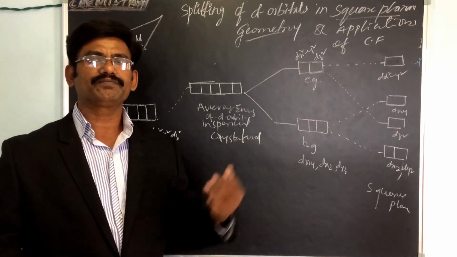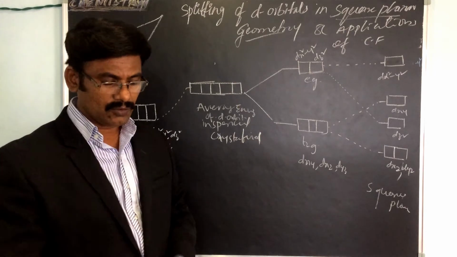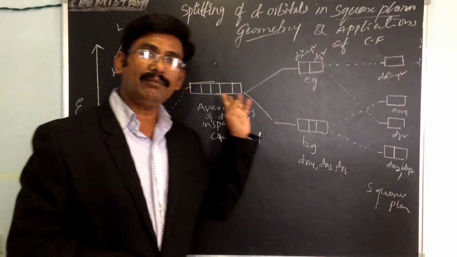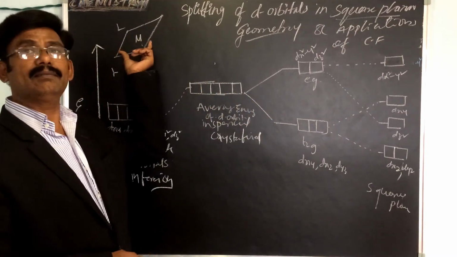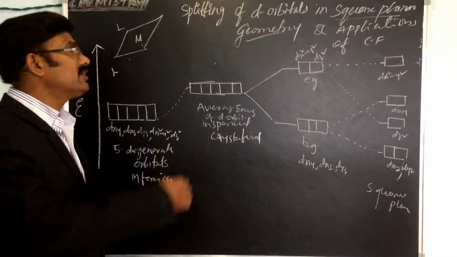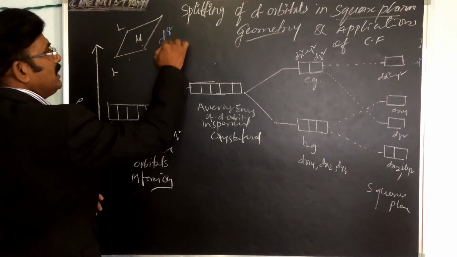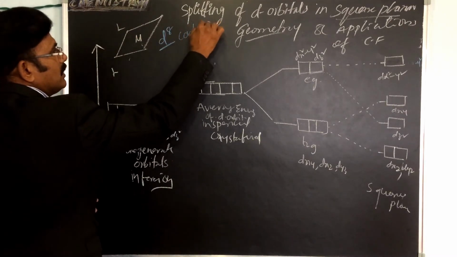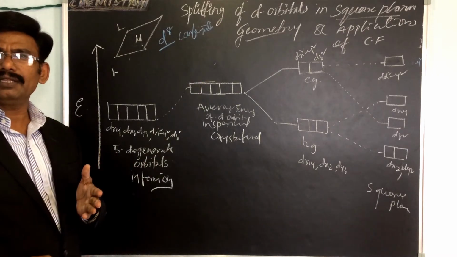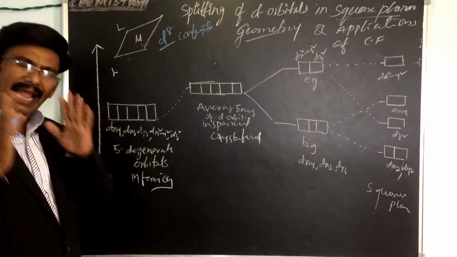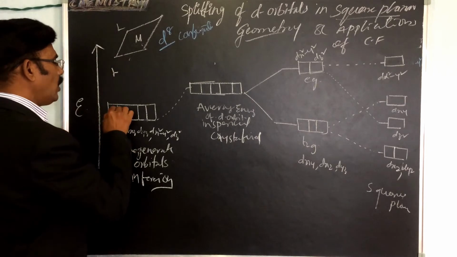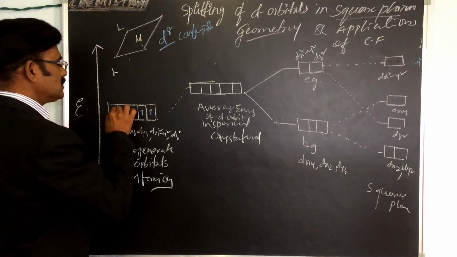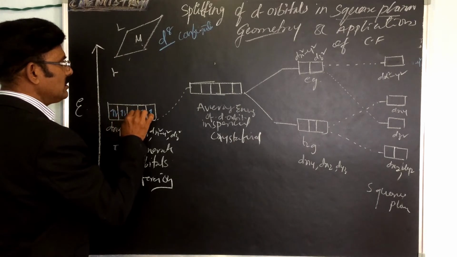So that is the d8 configuration. If the central metal ion has a d8 configuration, it has 8 electrons: 1, 2, 3, 4, 5, 6, 7, 8.